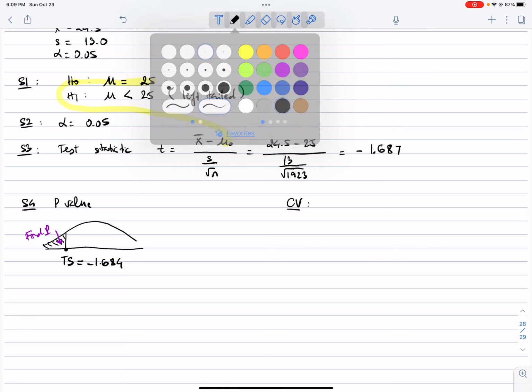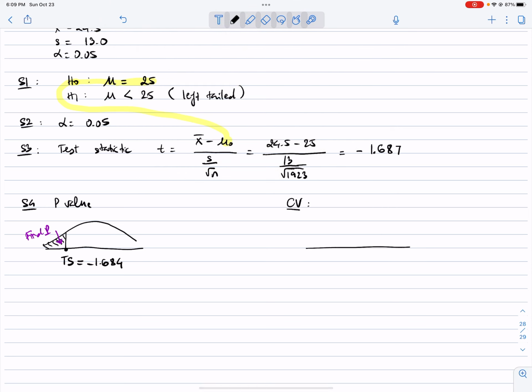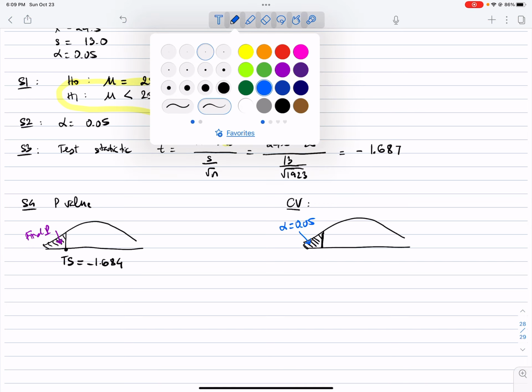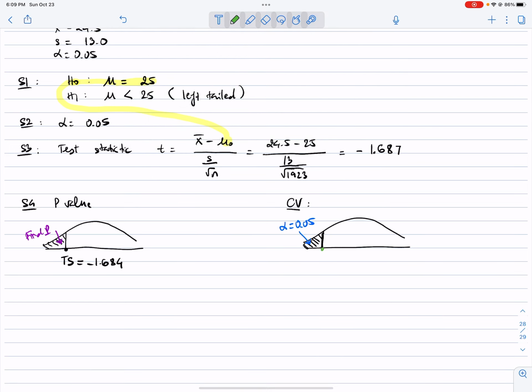If we use the critical value method, it is also a left tail, but the shaded area will be alpha, 0.05, and the point we need to find is the critical value. We always memorize what is given and what we need to find.